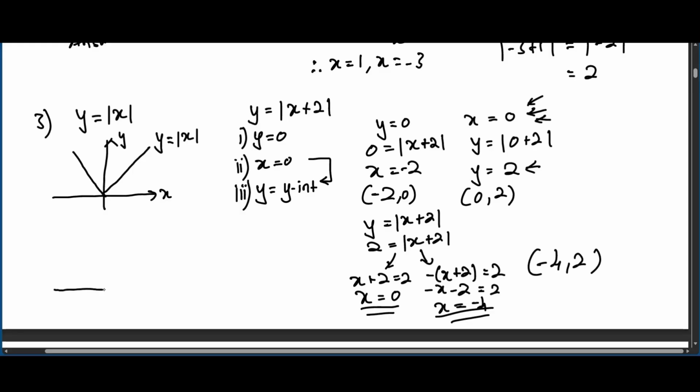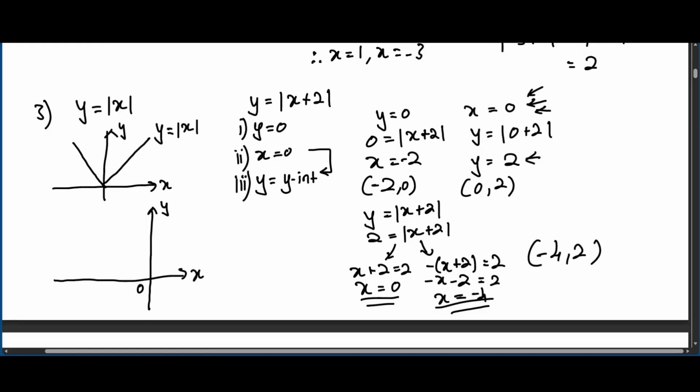Okay, so I know it's on the negative side, so I'm gonna draw it like this. Label your graph 0, y-axis, x-axis.